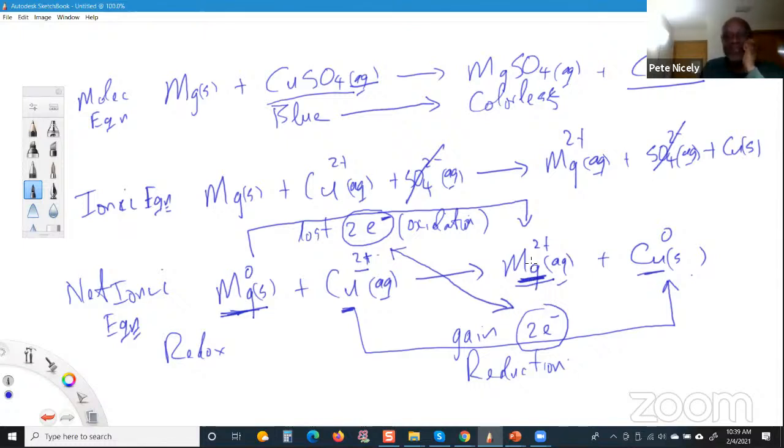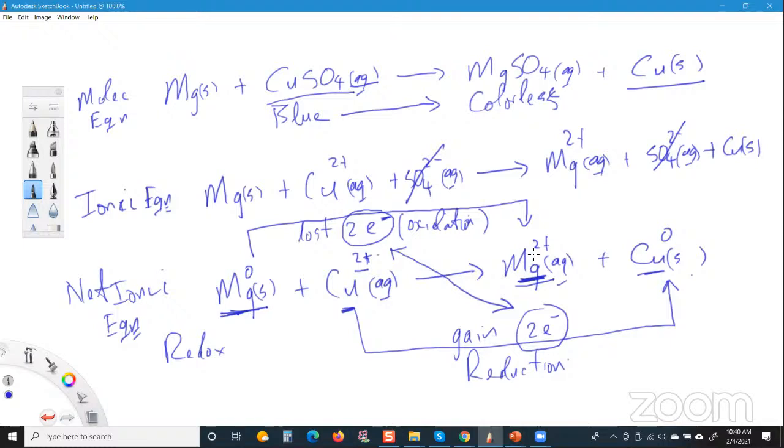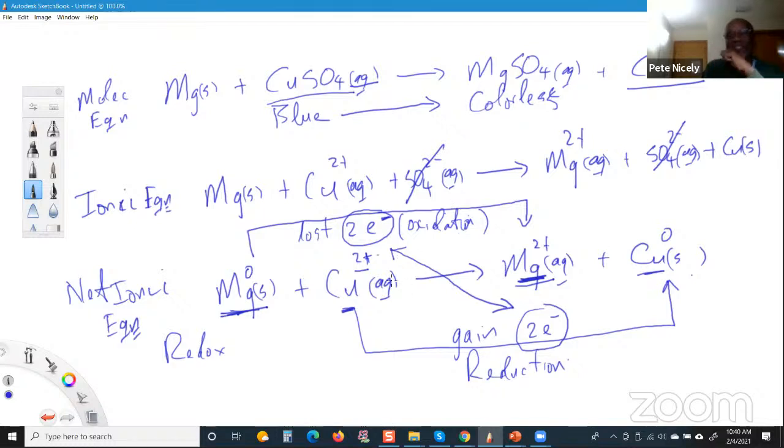It is impossible for you to have a redox reaction where the number of electrons lost or gained is not the same. They must be the same. And this will become important when we start learning how to balance redox equations, all right?